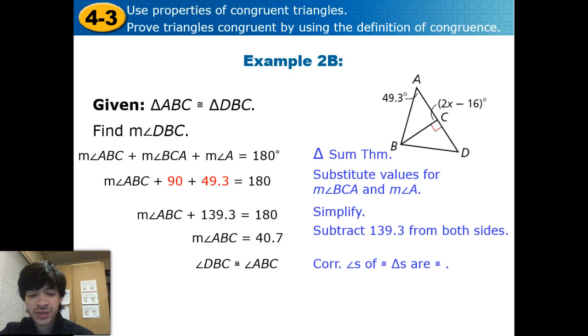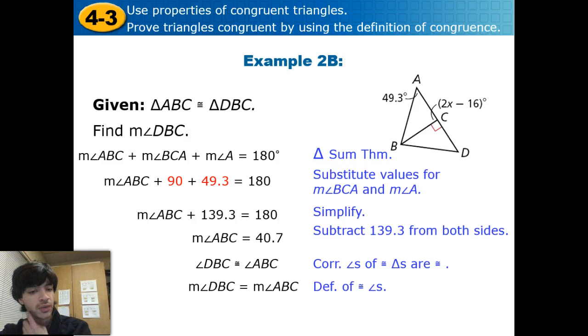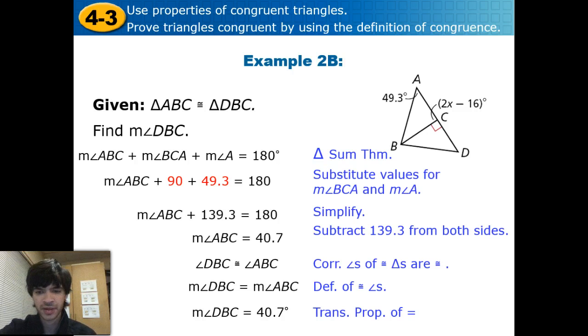So then we use our definition of congruent angles to say that their measures are equal, and since we know what the measure of angle ABC is now, we've replaced with substitution or transitive property of equality, whichever one floats your boat. Since it's equality, you can use substitution. And there you have it. The sub will pause if you need to copy, but for now I'm going to keep moving on.